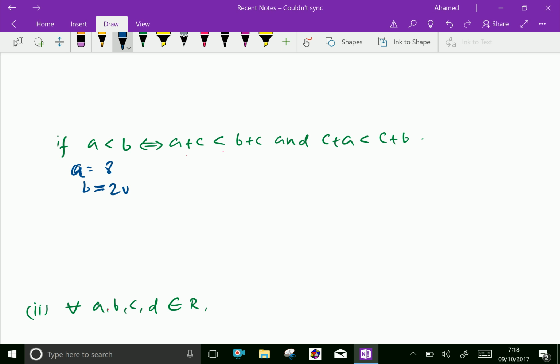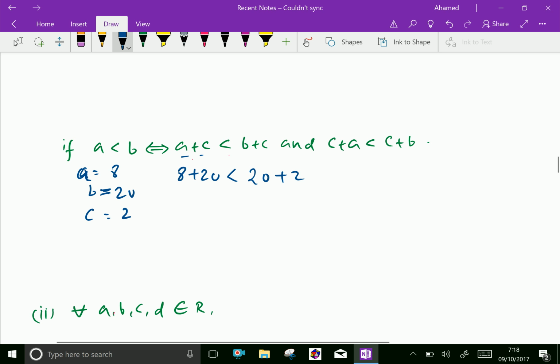Then we can say A plus C, 8 plus 2, is lesser than B plus C, 20 plus 2.